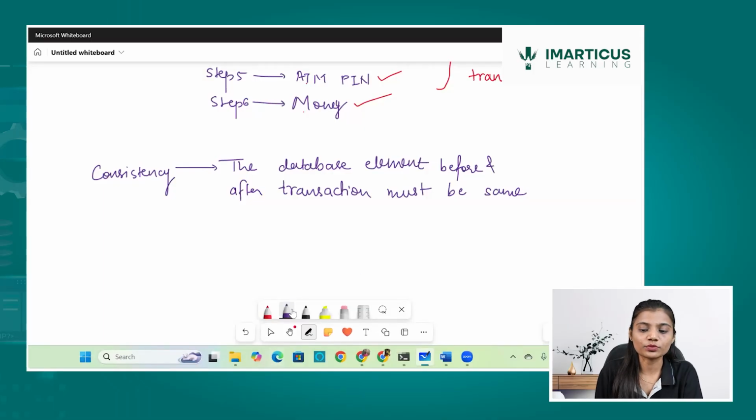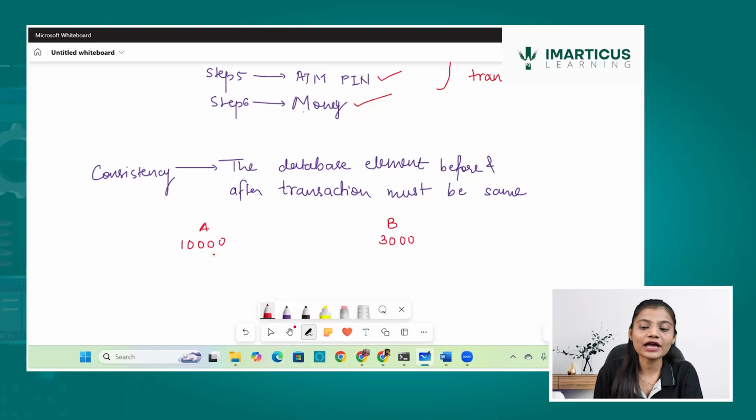Now what is the example over here? Imagine that A is me, B is you, and my account has 10,000 rupees. So I have 10,000 rupees over here. B has 3,000 rupees, that is, you have 3,000 rupees in your account.